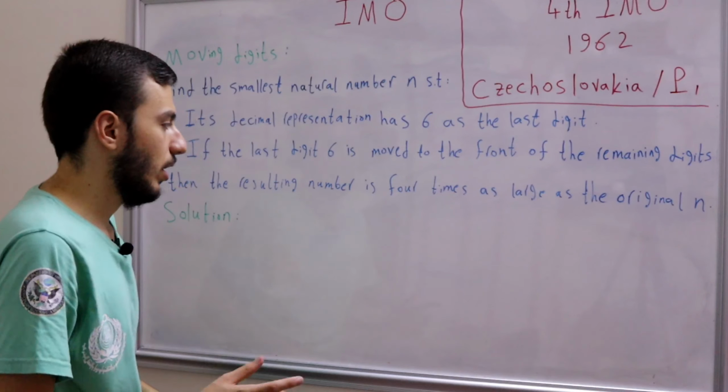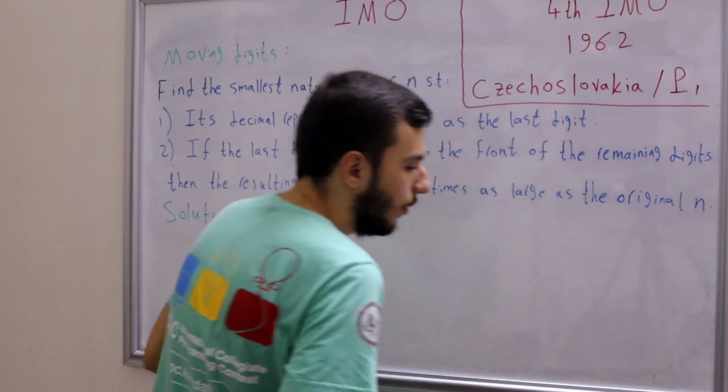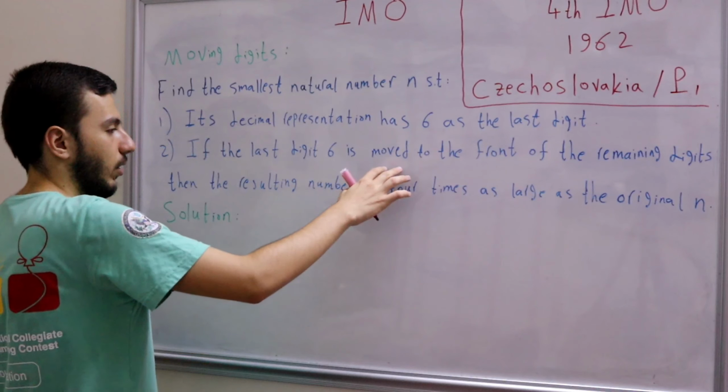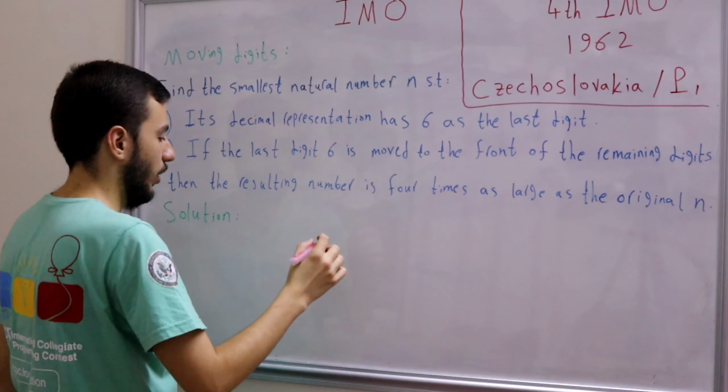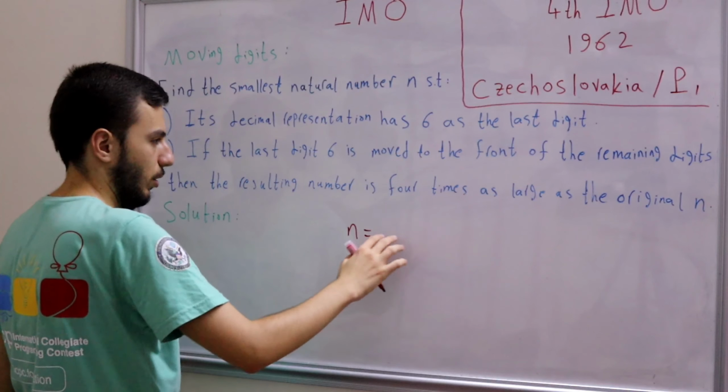Let's say that our number n is of the following form. We write it in its decimal representation.